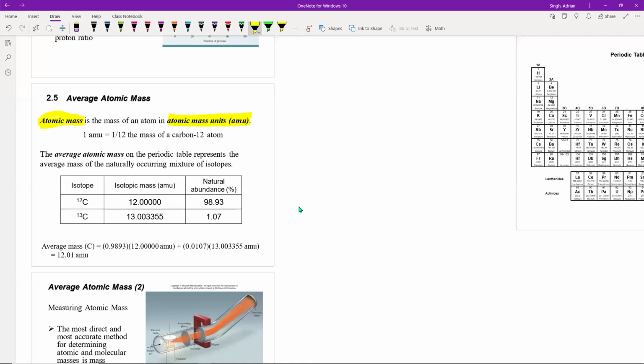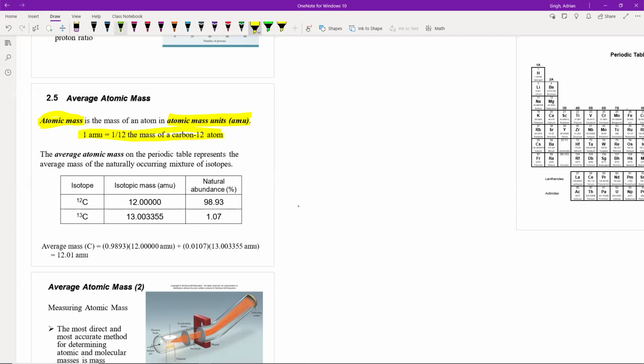One AMU is defined as 1/12 the mass of a particular isotope of carbon, which is carbon 12. So that's what atomic mass represents in terms of the particular unit.